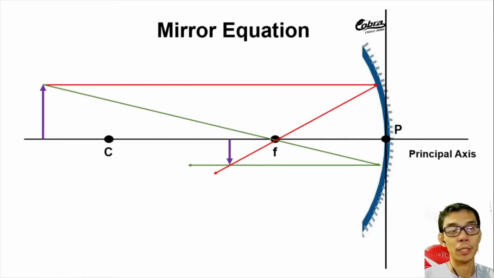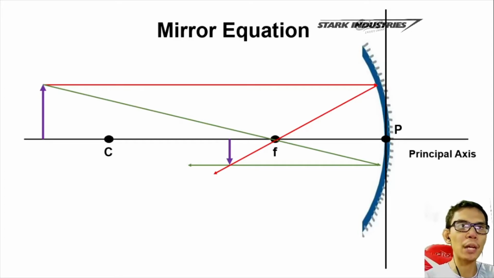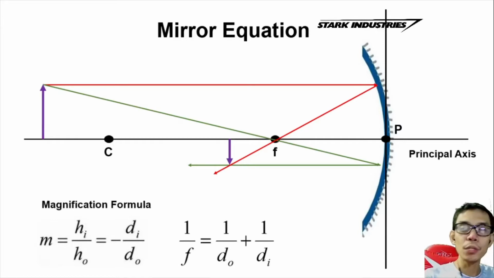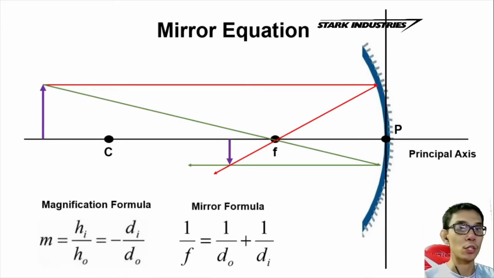Going back to the question, how are we going to solve problems related to mirrors if there are numbers on it? Can we possibly identify the characteristics of the image not only by ray diagram but also by quantitative means? These are the formulas that we will use in this mirror equation.